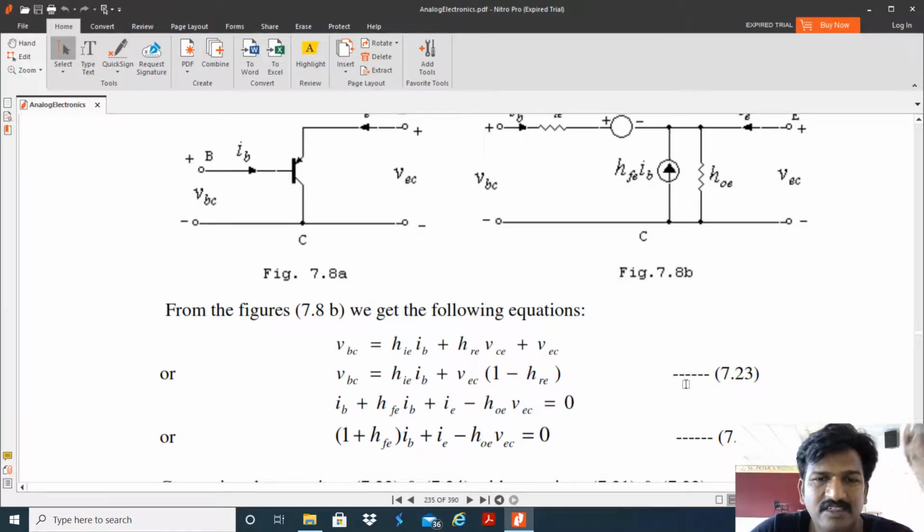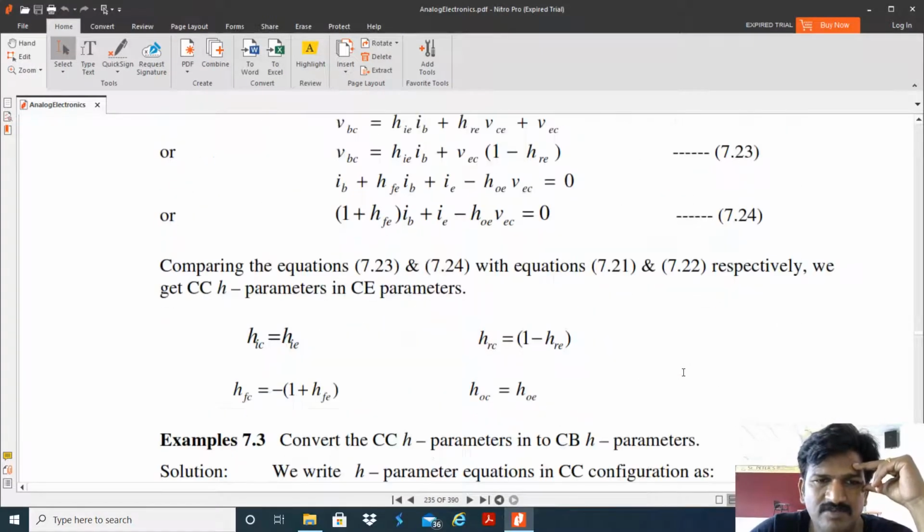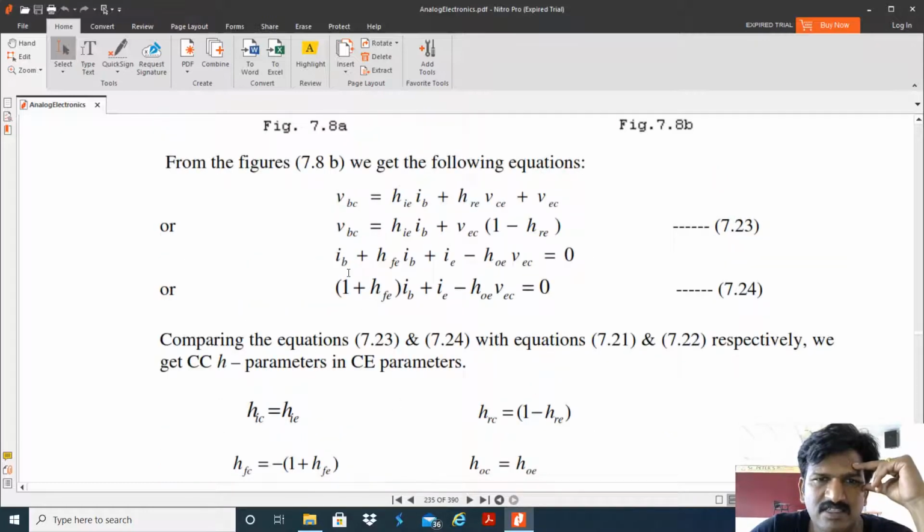Then you can determine what is the HIC, the HRC, the HFC, and the HOC. You see the HIC is equal to HIE, where VBC is equal to HIE IB plus 1 minus HRE VEC.